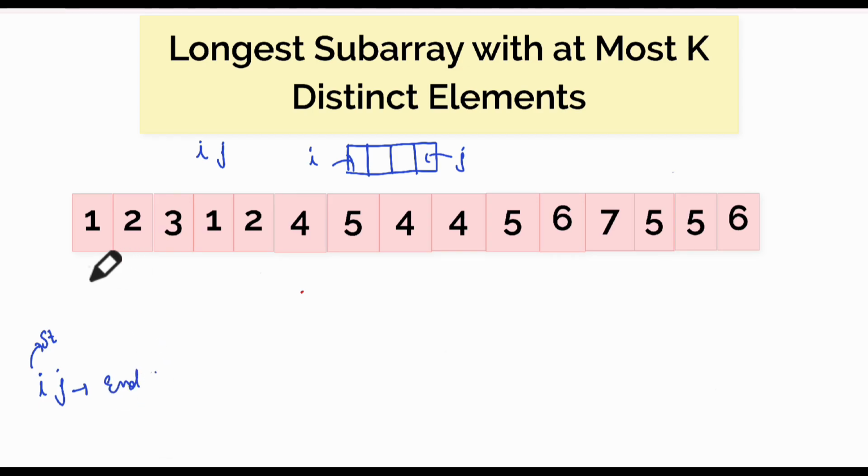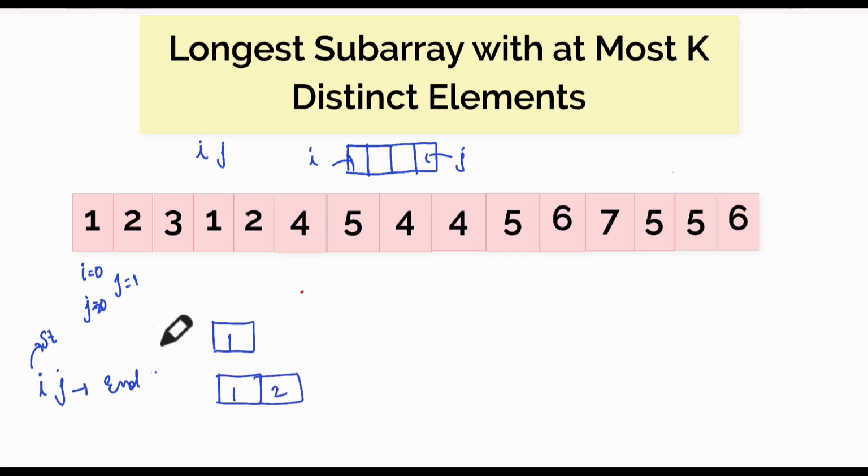So let's say i starts from here, i equal to 0. Now j can vary from i, so first of all, j will be equal to 0. Basically the first subarray will become 1. Now what will be the second subarray? When i remains 0 but j becomes equal to 1, it will become another subarray. Let's say this is 1, this is 2.